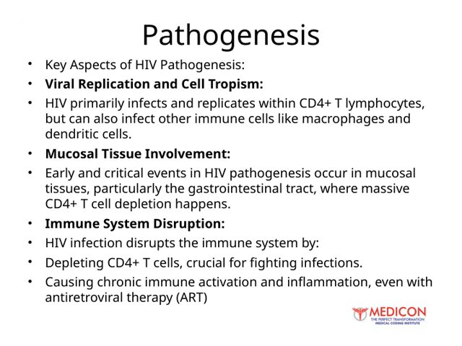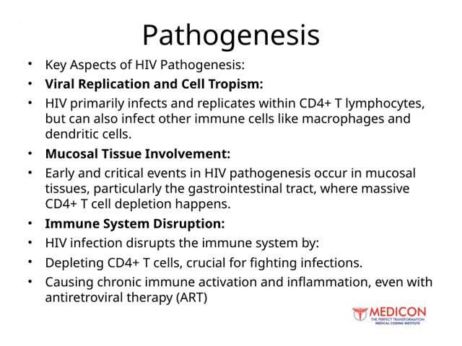Finally, let's discuss immune system disruption. HIV infection severely disrupts the immune system by depleting CD4+ T cells, which are vital for fighting off infections. Even with antiretroviral therapy, or ART, we often observe chronic immune activation and ongoing inflammation.